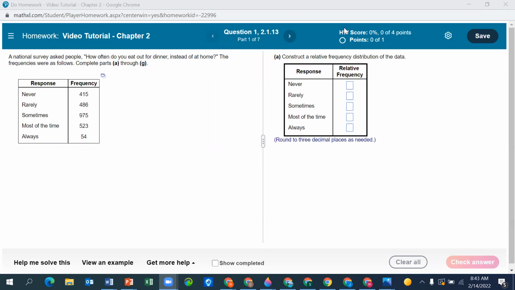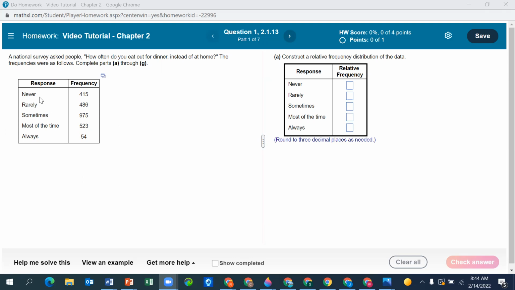Okay, so here we have a problem. A national survey asks people, how often do you eat out for dinner instead of at home? The frequencies were as follows. Here on the left side of the page, you see the responses from all the people that were part of the survey.